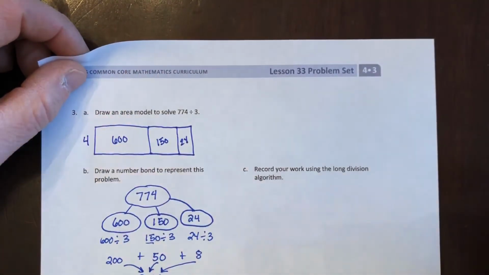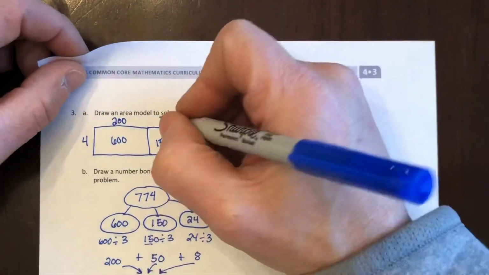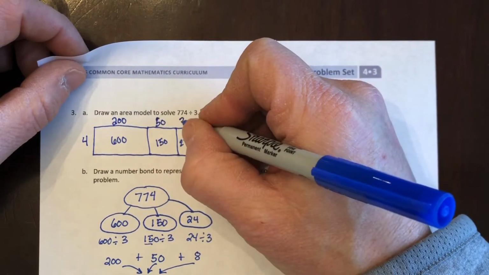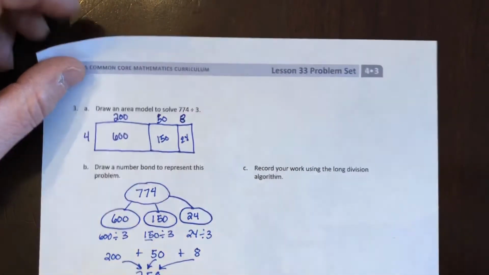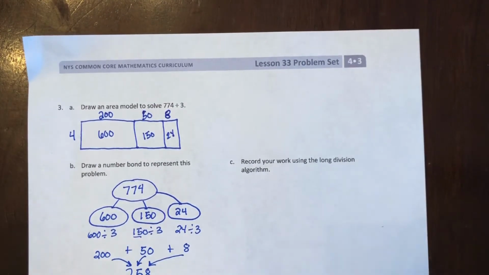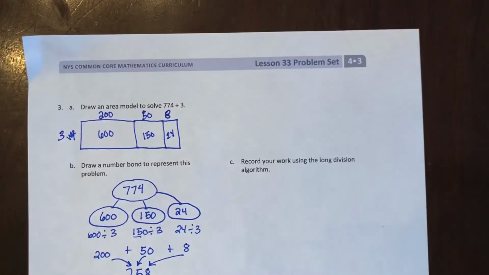All divided by 3. And I found out my answers were here, right? When I divided those, 150 is 50, 24 is 8, okay, good. Sorry, that was 3. Getting ahead of myself. Apologize.